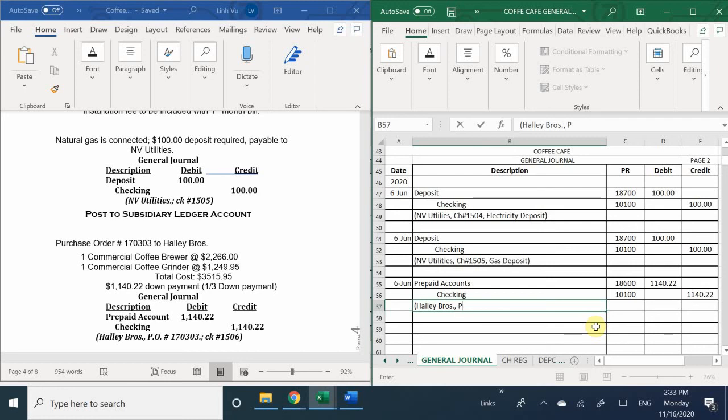So PO 170303. We have a check number 1506. And then you can also enter in that this is a third down payment. Okay. All right. So we completed our journal.